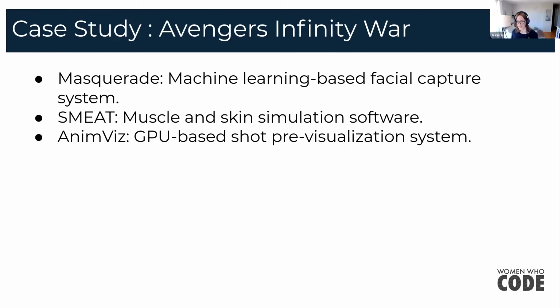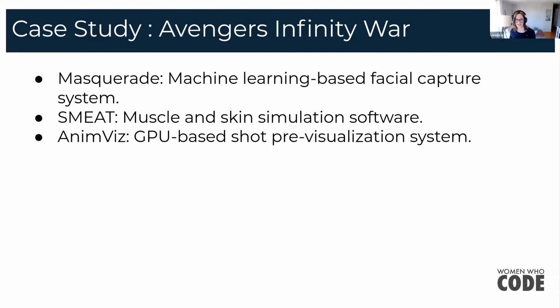On top of that, we convert the model using a deformer, and it behaves like a skin on top of this muscle. So we get hyper realistic skin sliding and things like that whenever Thanos was moving.